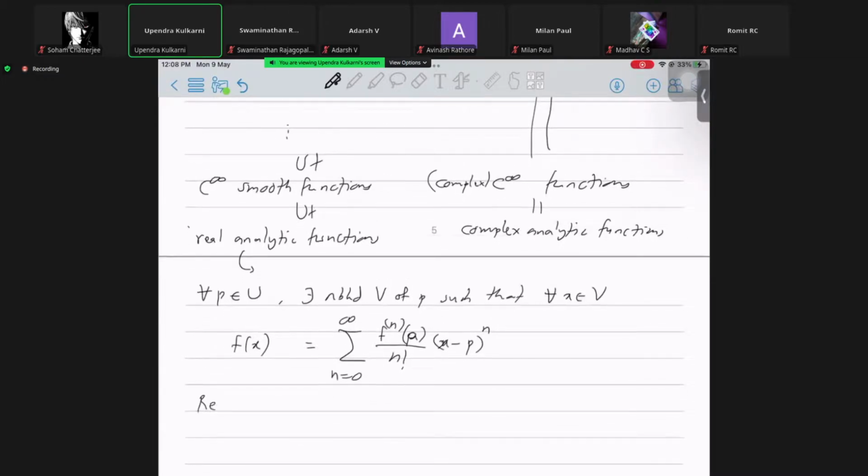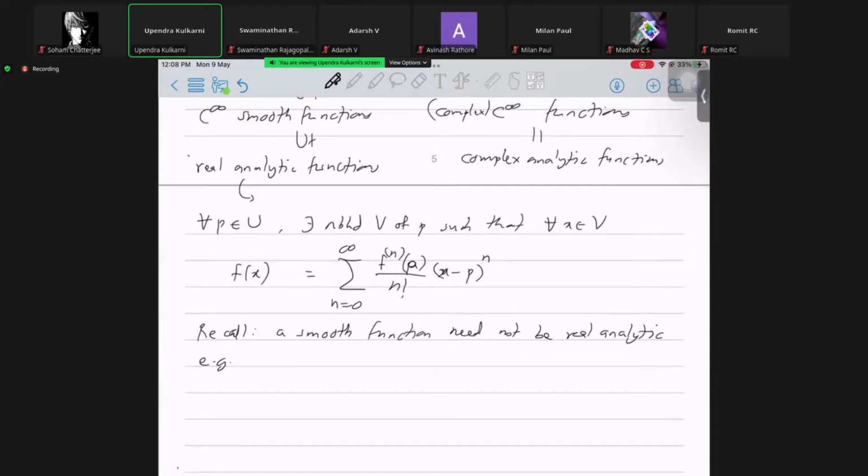So recall a smooth function, and this may seem like a special example, but you can play with this and you can do lots of other stuff.